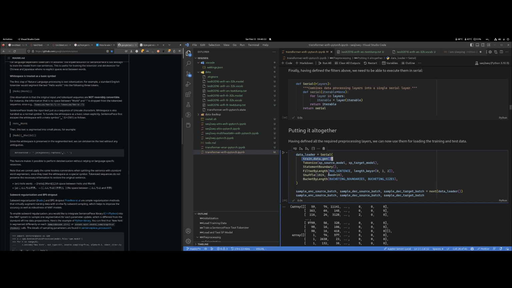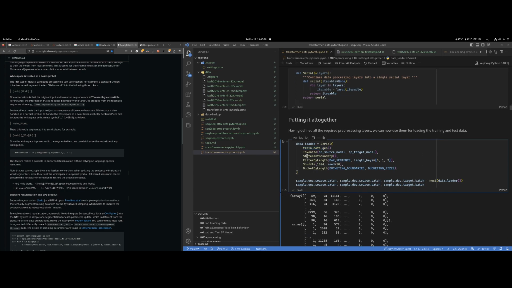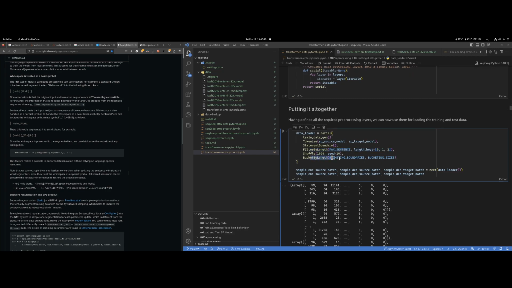First tokenization, to break a hello world statement into a hello token, a world token, and a dot token, etc. Then you add the boundaries, beginning of sentence and end of sentence, and then you filter by length to remove very large statements, and then you shuffle, and then you bucket by length.